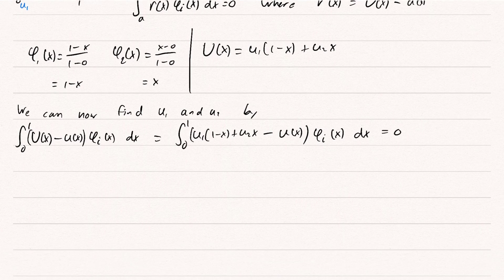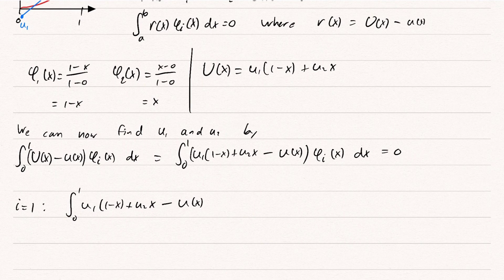Okay, so for i is equal to 1, we have our first integral, which is 0 to 1 of u1 times 1 minus x plus u2 times x minus u of x, and then we can actually substitute what u of x is, which is just x squared, and then all of this is multiplied by the first basis function, which is 1 minus x, dx, set to 0.